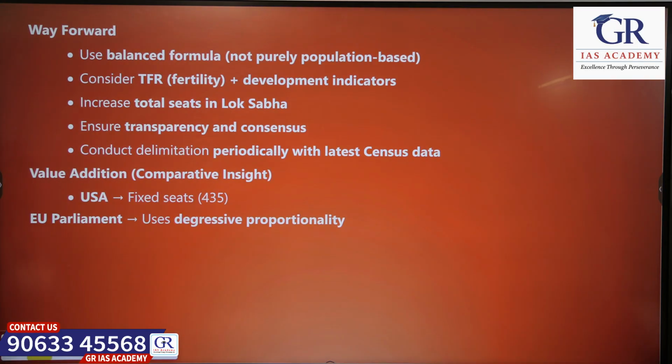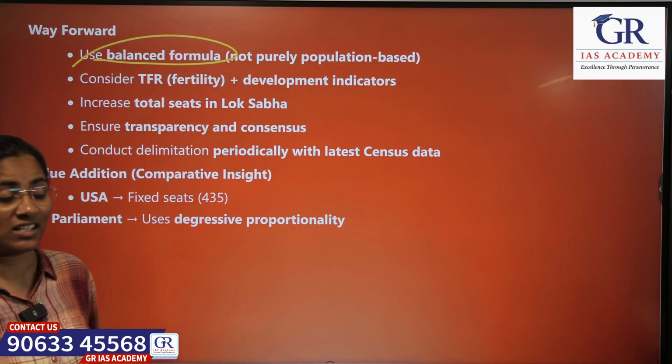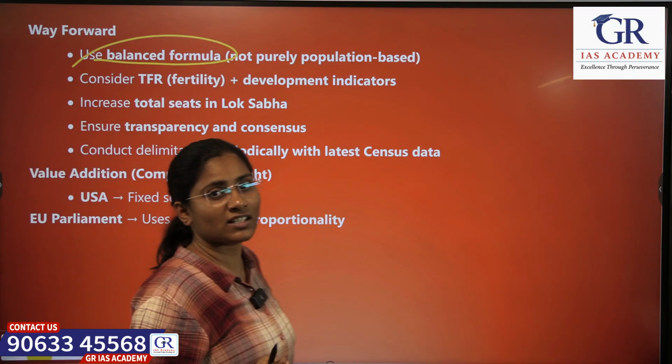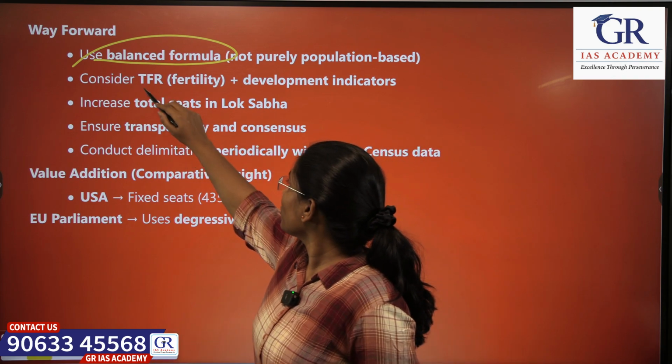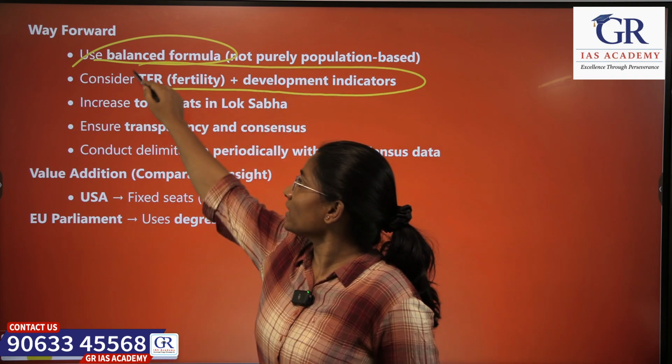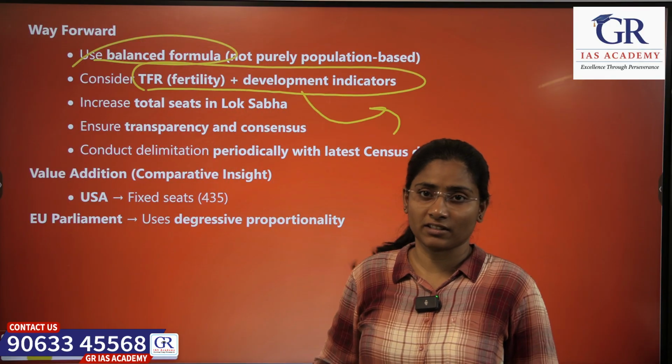So, here we have to use a balanced formula, not purely population based, to avoid penalizing southern states for controlling their population, and to consider other indicators like TFR and development indicators.